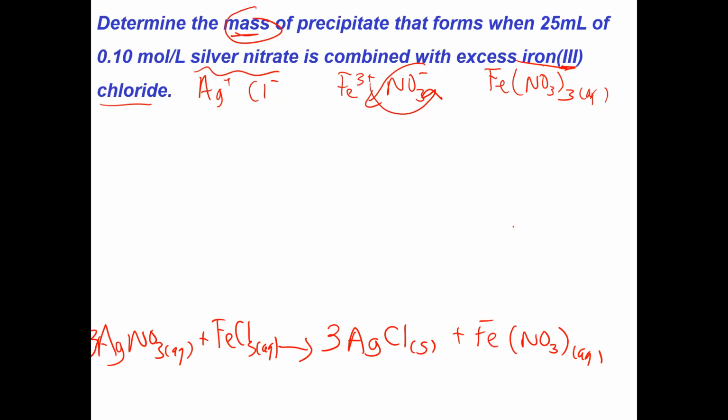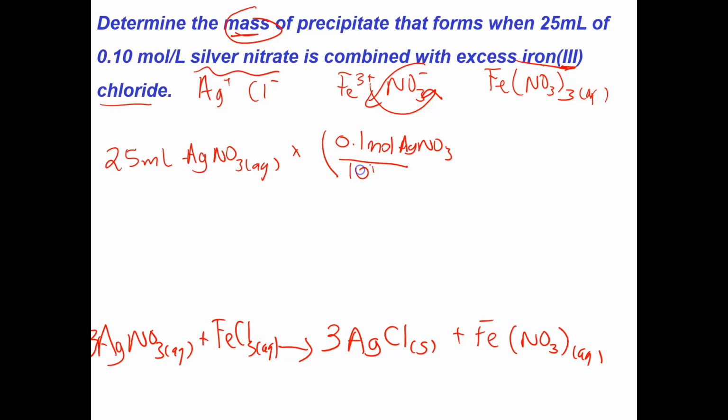So let's see what we've got here, right? So we've got 25 mL of aqueous silver nitrate, and according to the problem, we get 0.1 mole of silver nitrate for every 1 liter, or another way of saying that is for every 1,000 milliliters, because there's 1,000 milliliters in a liter.